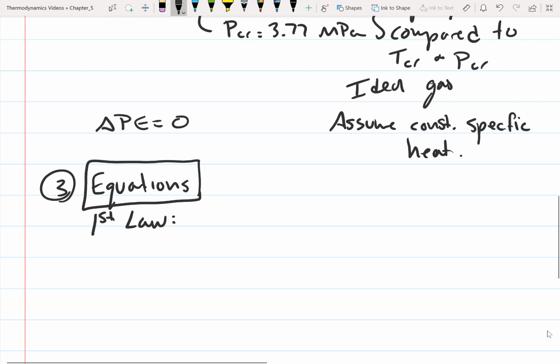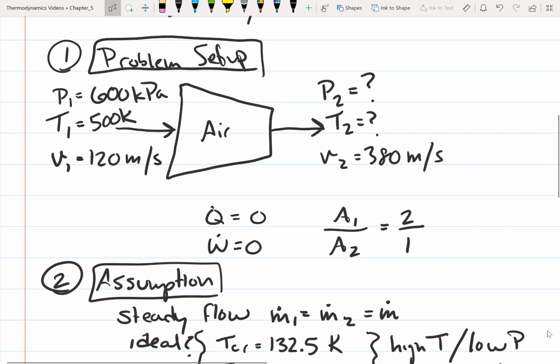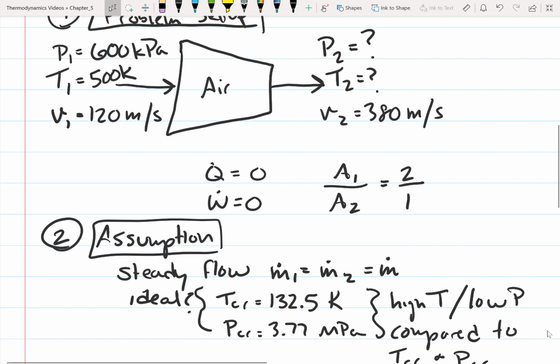And I'm just going to write out the entire thing. I had derived the general equation that you'll often use for nozzles in a previous video, but I often like to just start with the general equation and then cancel out what I know is 0 or what I don't need, rather than going to a nozzle specific equation, because first of all, the nozzle specific equation assumes that your nozzle is adiabatic, so there's no heat transfer in or out.